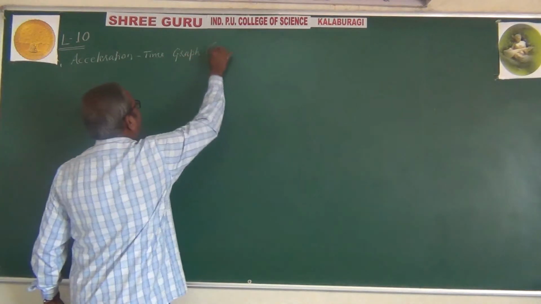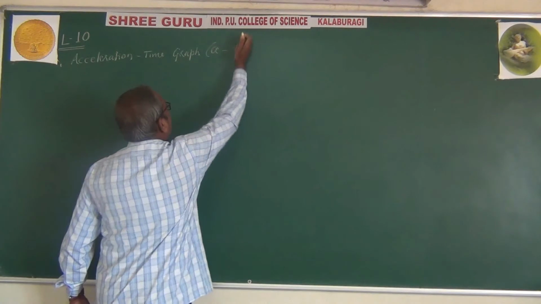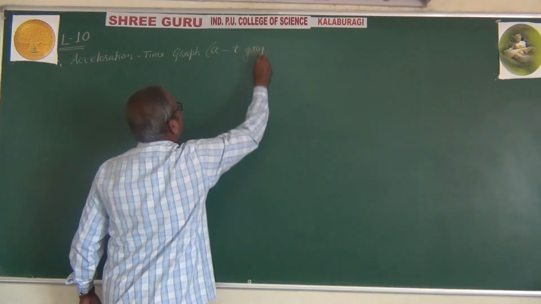Simply they will write small a, small t graph. AT graph.